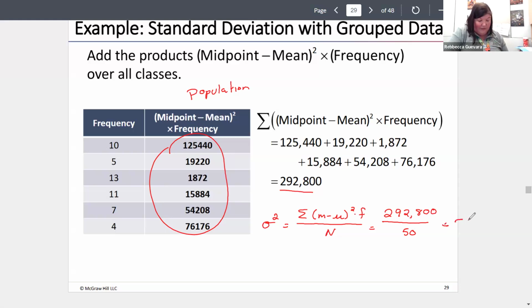That is going to be 5,856. And then if I want my standard deviation, I'm just going to take the square root of 5,856.